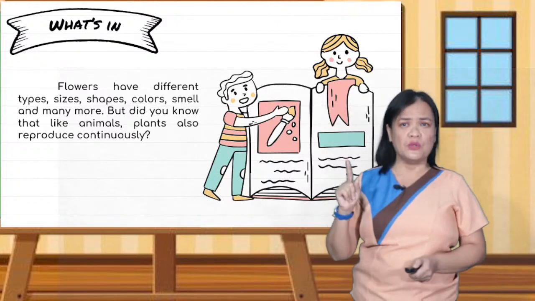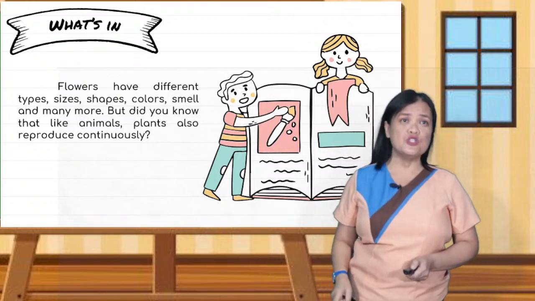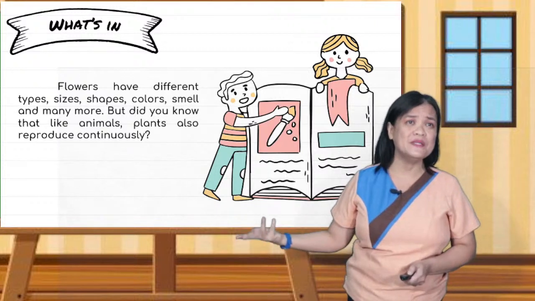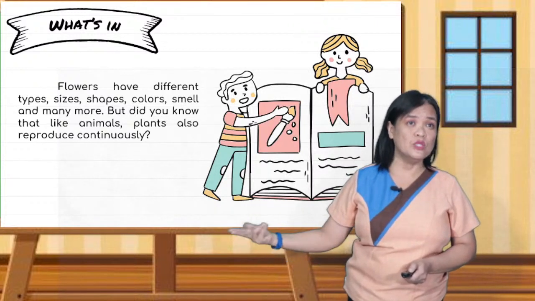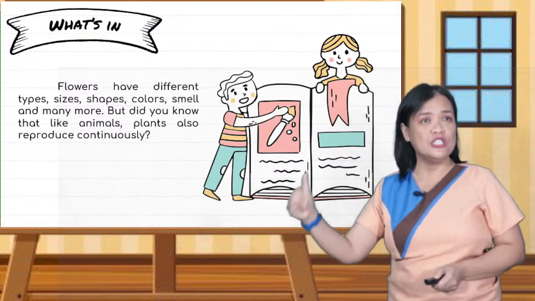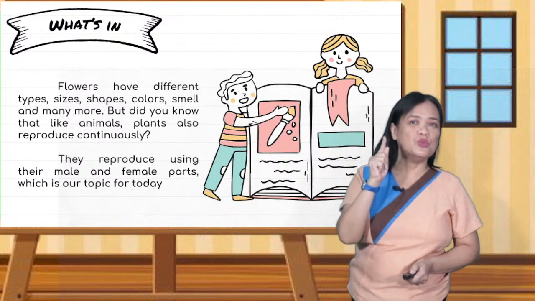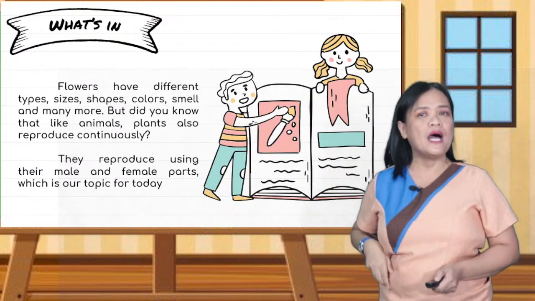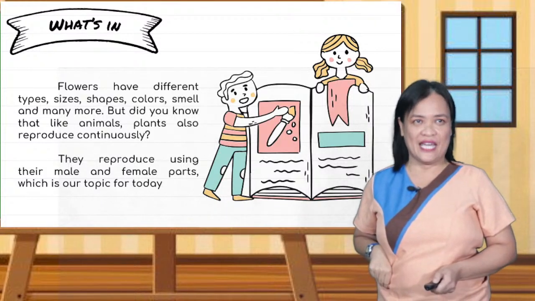But did you know that like animals, plants also reproduce continuously. Tuloy-tuloy, kaya marami po tayong nakikitang plants sa ating paligid. In our school, in our backyard, in our community, okay? So they reproduce using their male and female parts, which is our topic for today.